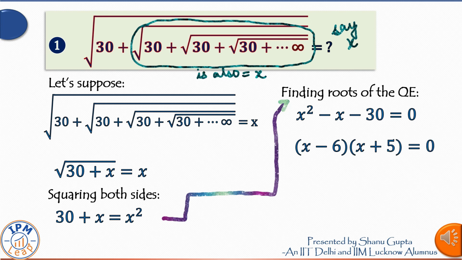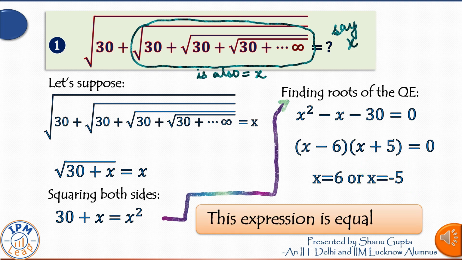So either x is equal to 6 if x minus 6 is equal to 0, or else x is equal to minus 5 if x plus 5 is equal to 0. However, the square root of any number, as you can see in the original question, is always a positive value. Therefore, x cannot be equal to minus 5 and this expression is essentially equal to 6.